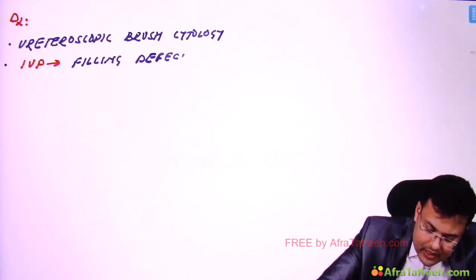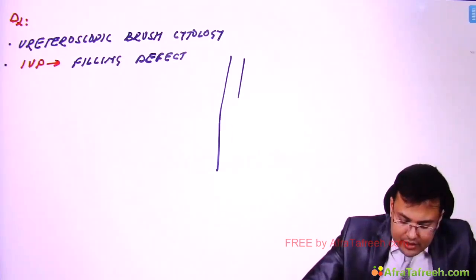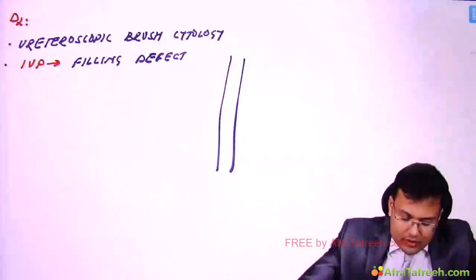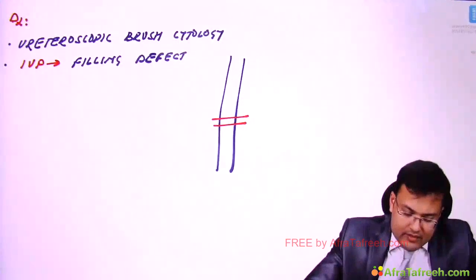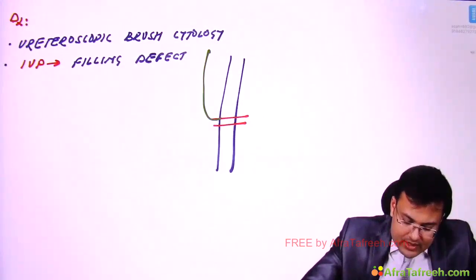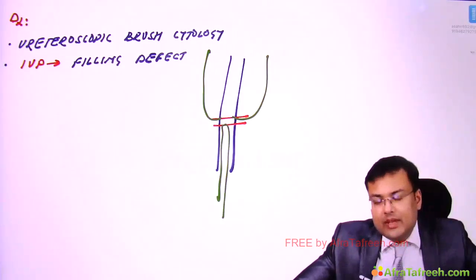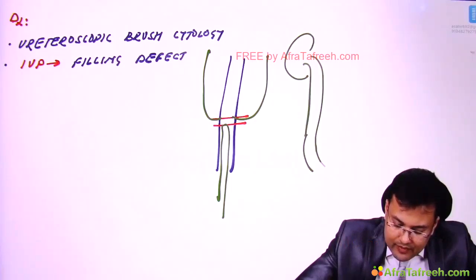Now there is a simple concept we discussed. Suppose this is any tubular structure. Tubular structure means it can be ureter, bile duct, or small bowel. Suppose there is obstruction. In tubular structures, if there is obstruction, the proximal segment is distended or dilated and the distal segment is collapsed. Now see what's the problem here. This is kidney and this is the ureter.